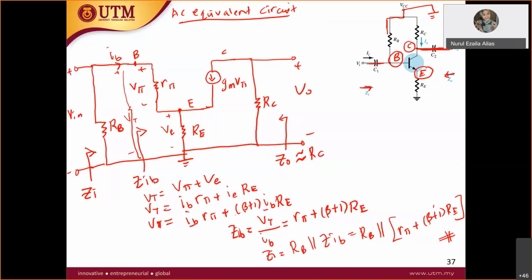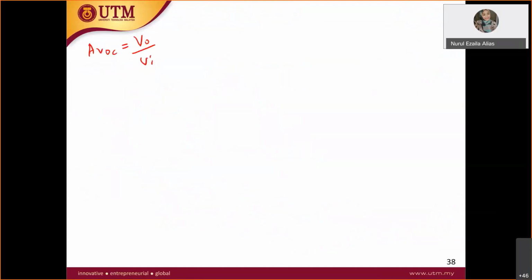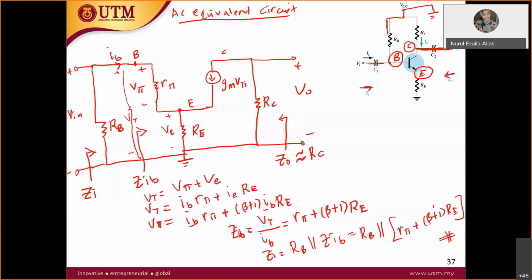So the current is actually the same as in the common emitter previously. We take the total current source with GM V pi. So it is equal to GM V pi times RC. But GM V pi is going down, while your plus voltage here is on top. It must be current going down like this in order to get plus V out. Therefore, your current here is negative GM V pi.